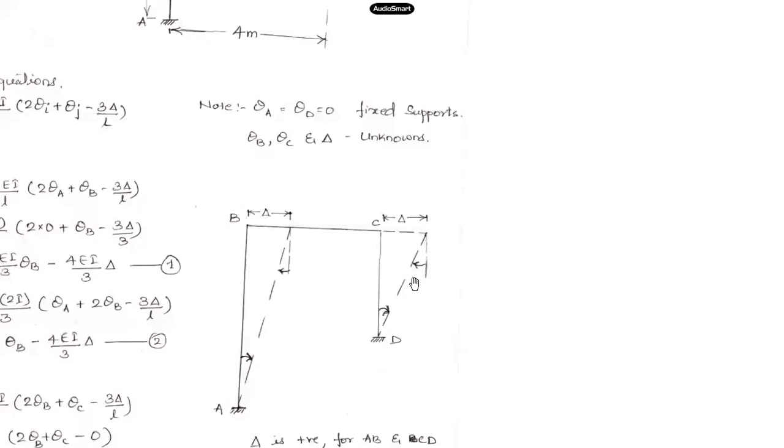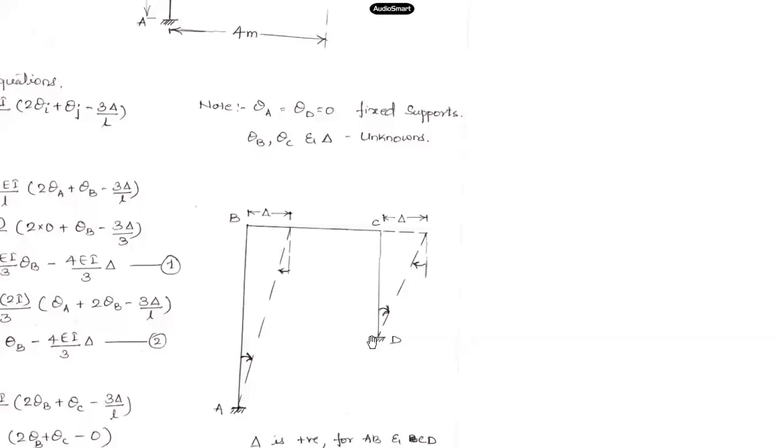Now, what is the direction of rotation? About C, the member CD is rotated in the clockwise direction. I'm measuring with respect to the original position of the member, which was vertical. I drew a vertical line from C, parallel to the member, and measured the rotation with respect to this line. It is clockwise.